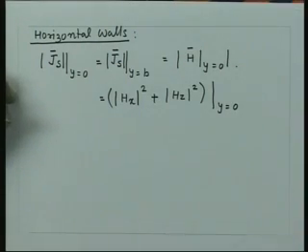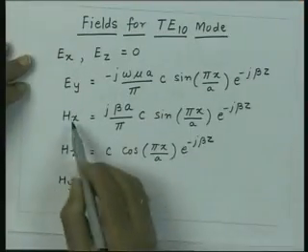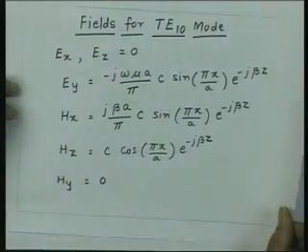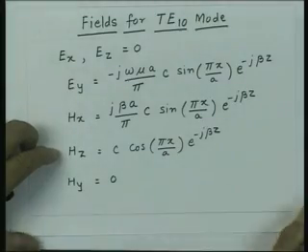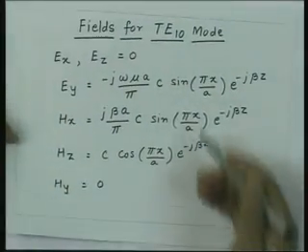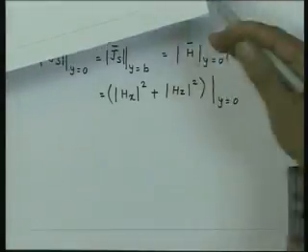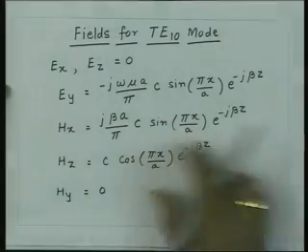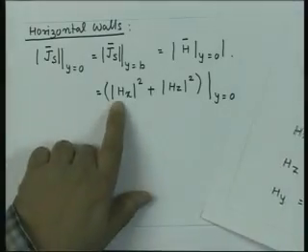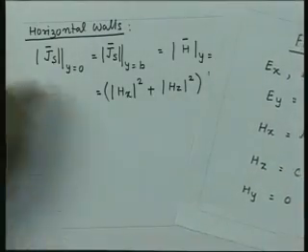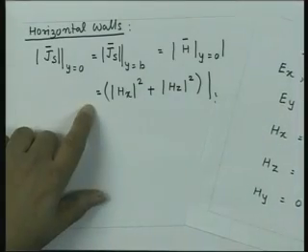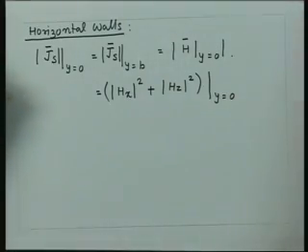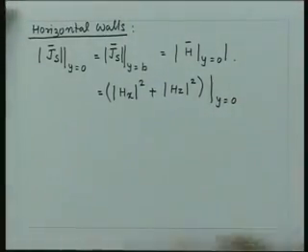So, from here we have the fields Hx and Hz. Since it is not varying as a function of y, the fields are same at y equal to 0 or y equal to b, or for that matter any value of y in this cross section. So, substituting this now for two components Hx and Hz, I can calculate the total surface current magnitude, and then we can calculate the losses in the horizontal walls.